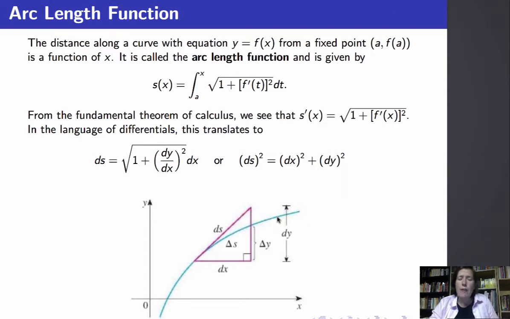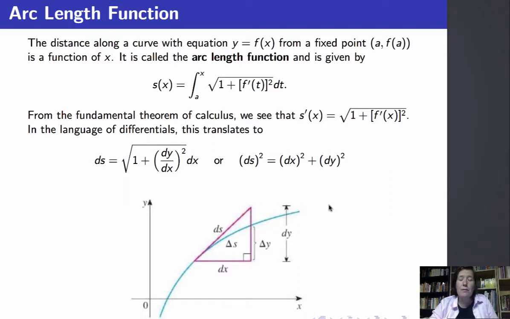And how do we find a formula for that function? It's going to be the result of applying our formula between a and x for the arc length. Now, to apply the formula, we need to use x as an endpoint for the integral, so we're going to allow our x-axis to serve as both an x-axis and a t-axis.